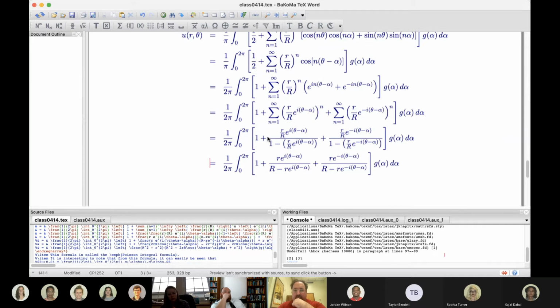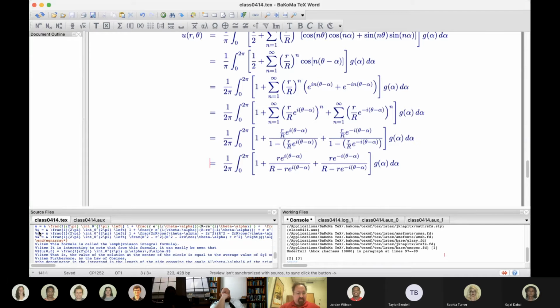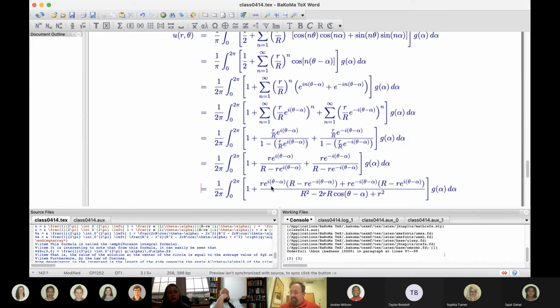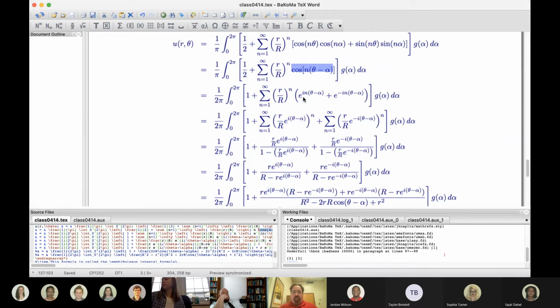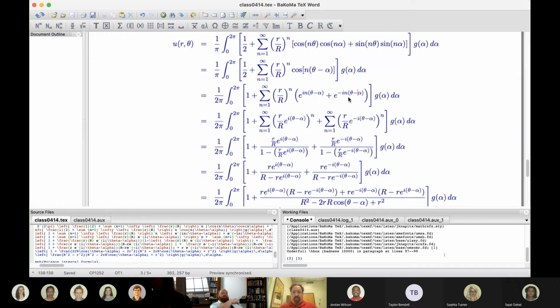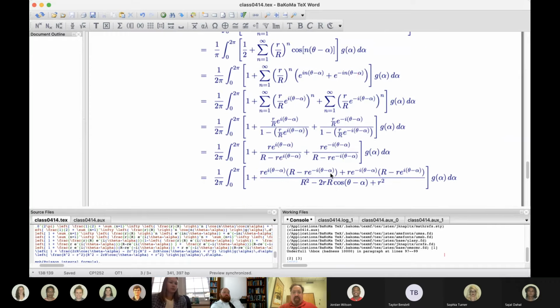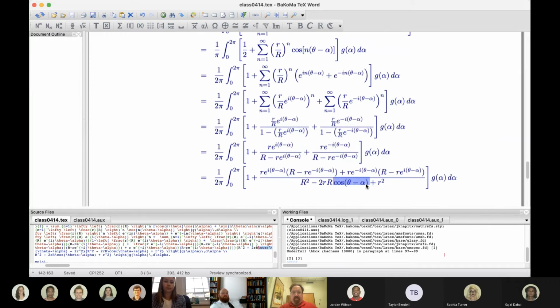Okay. Here I've just multiplied top and bottom by capital R, just to reduce some of the clutter. And then I put everything over a common denominator. And just as I broke this down into a sum of exponentials, I've used this relationship again in reverse, and that's what leads to this cosine right here.